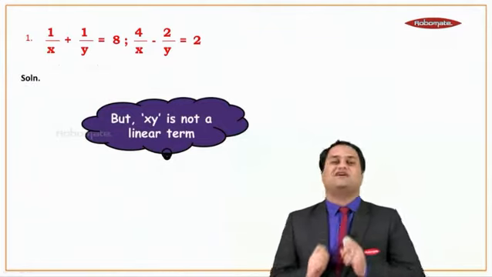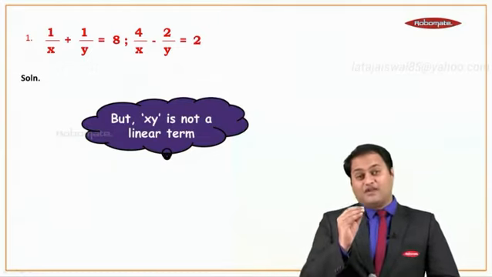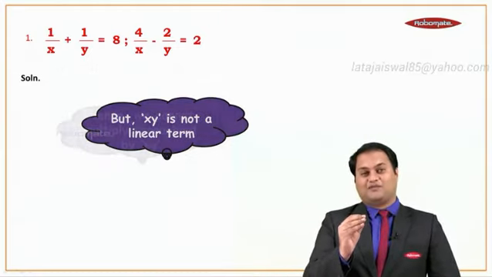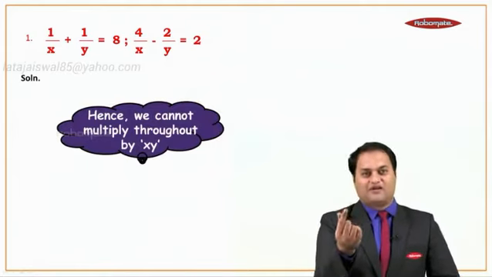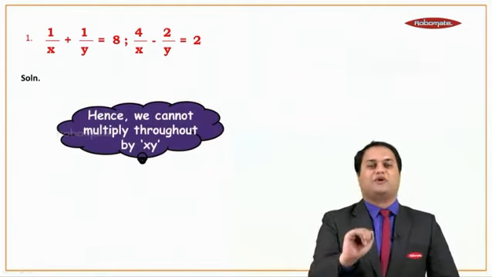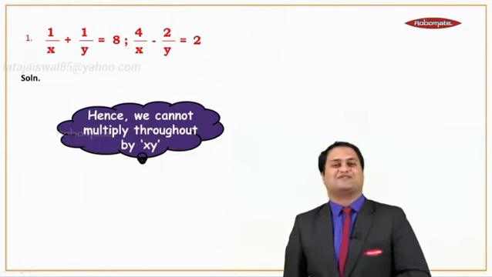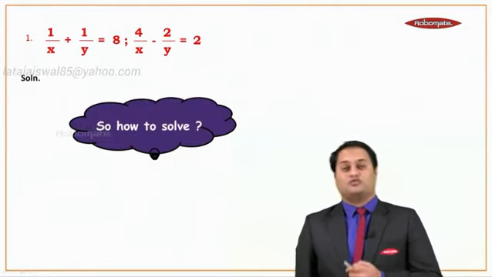Because xy is not a linear term, you cannot multiply throughout by xy, because xy remains there, it doesn't get cancelled, and it will still not become a linear equation in two variables. So now what to do? How to solve?